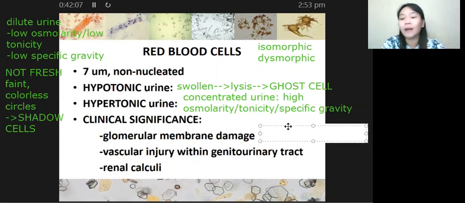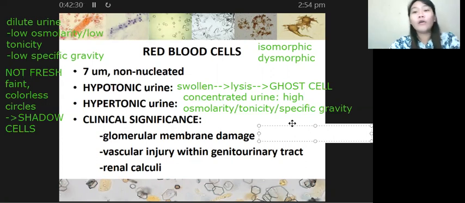Okay, yes, glomerular membrane damage. So ano yung term na ginagamit natin for that particular RBC? Dysmorphic RBC. Okay? Yes. So if you are reading Susan Strasinger, ang sabi niya doon, when we say dysmorphic RBC, it refers to the presence of protrusions or blebs, okay, on your RBC membrane.